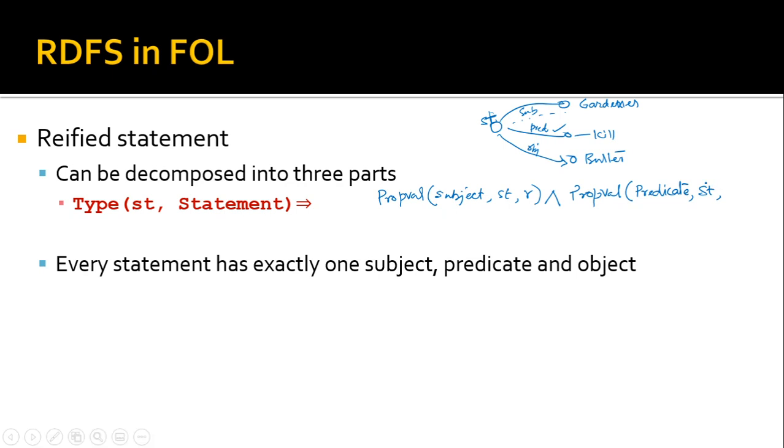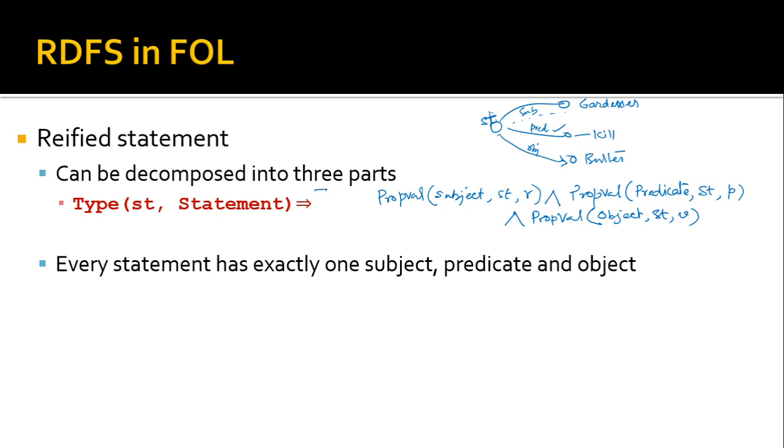So here you will be having the predicate. Let us name that to be P, right? And prop val object ST, you can name it anything like say value, right?